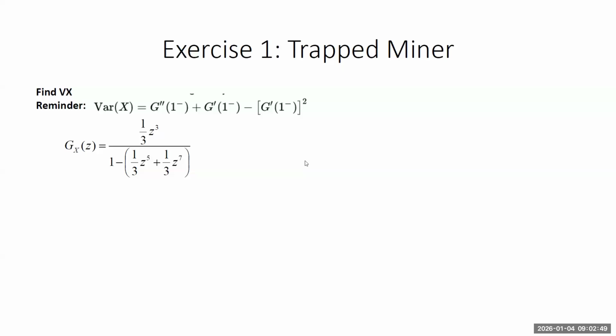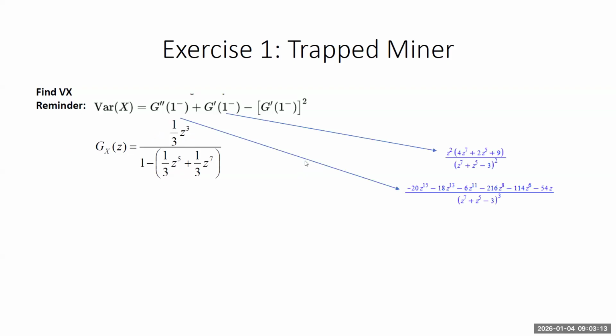If we found the generating function of x previously, the variance of x equals the second derivative of the generating function at point 1, plus the first derivative at point 1, minus the square of the first derivative at point 1. It's a ready formula. If you solve this question at home, you can use a computer to check yourself about derivatives. Today we use computers very broadly, and they help us to find derivatives, expressions, or integrals.